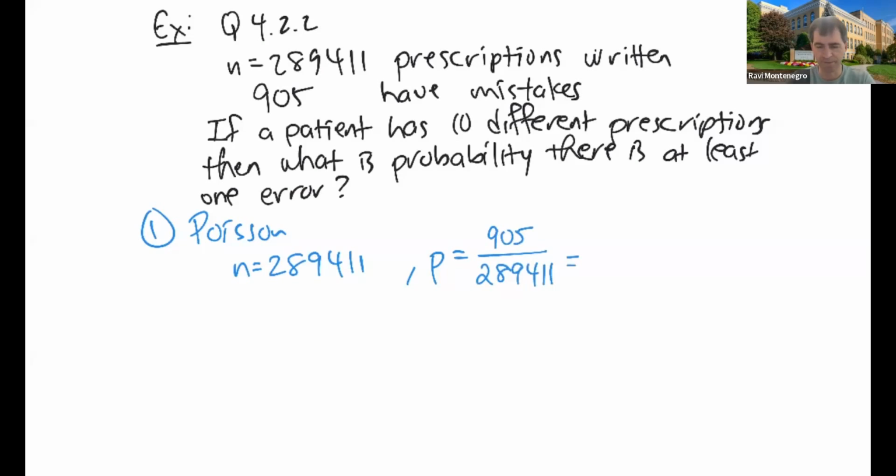So 905 divided by 289,411 is 0.00313. So that is certainly small. So Poisson needs n big. I used as a rough idea more than 100. This certainly fits that.